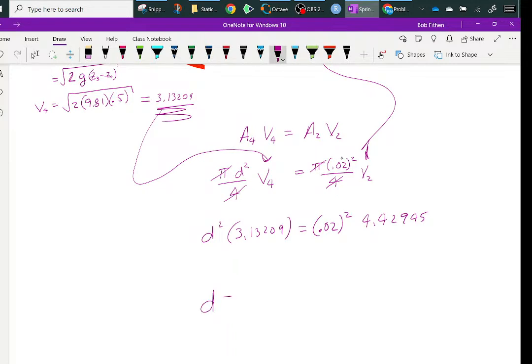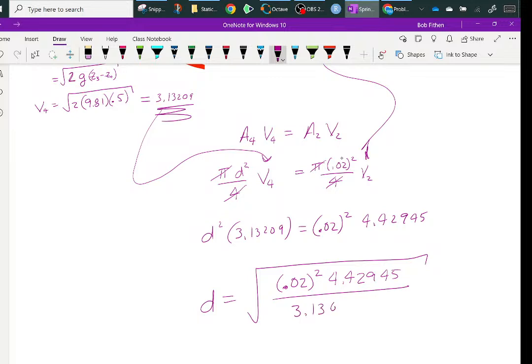So d has got to equal the square root of 0.02 squared times 4.42945, divided by 3.13209. I'm trying to write my handwriting really well.